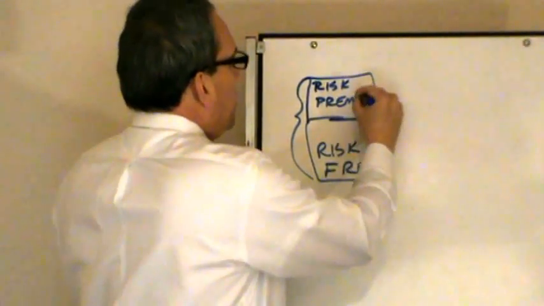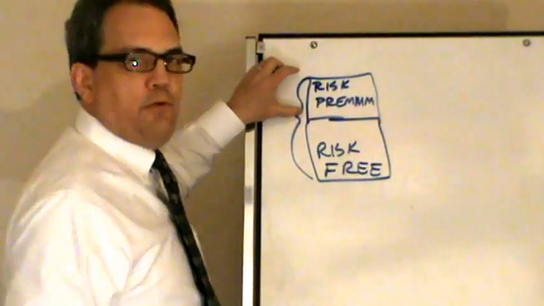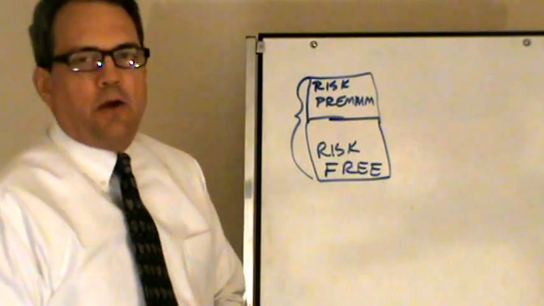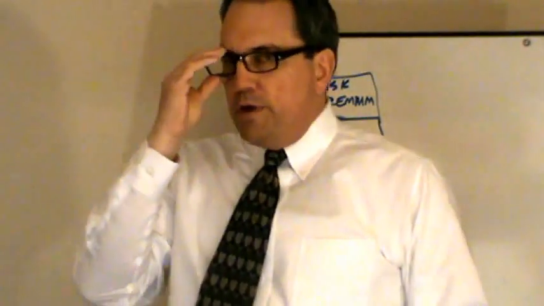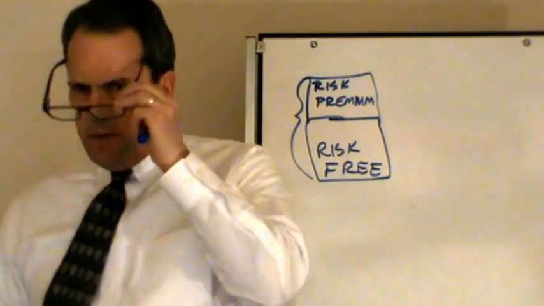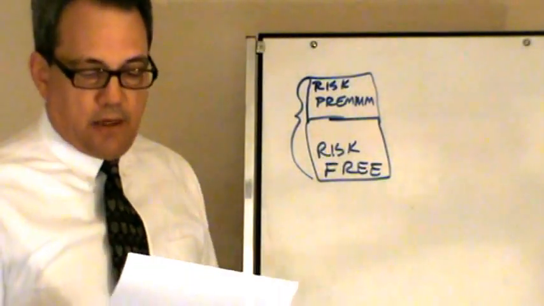I'm being rewarded this much, that top box, for taking a risk versus just putting it in something where I know 90 days from now I'll get my money back at a reasonable rate of return. So that's our risk premium, the additional return that we expect from taking risk.